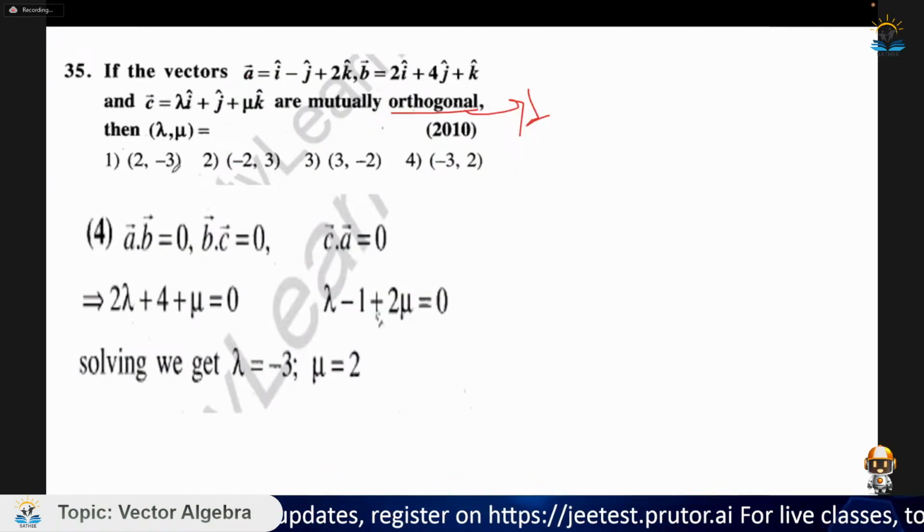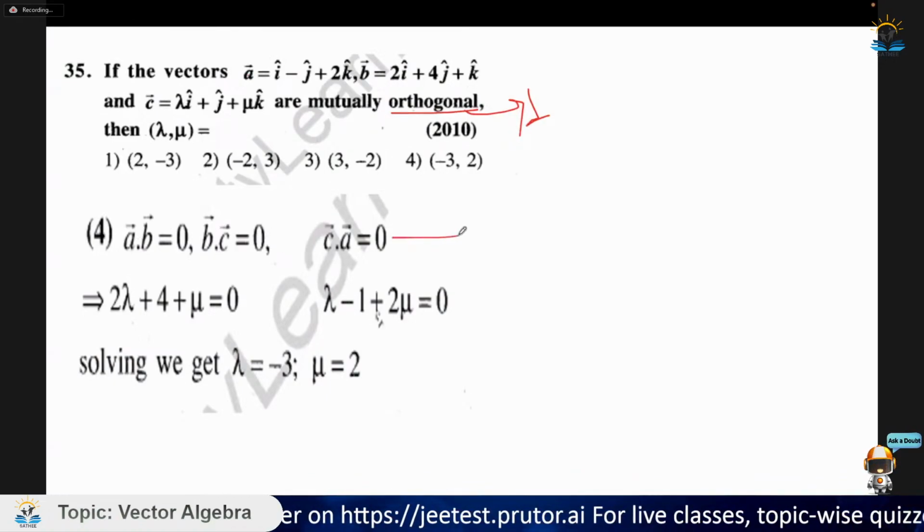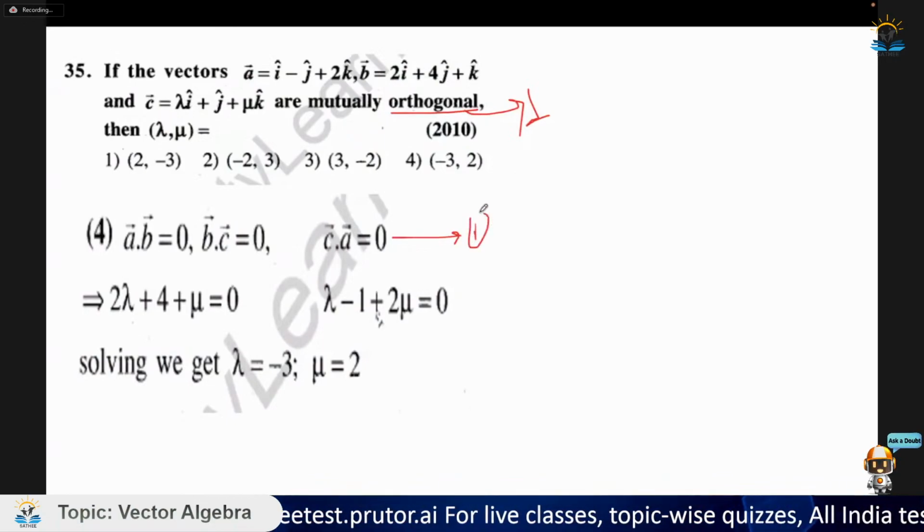This is the information we have been given.